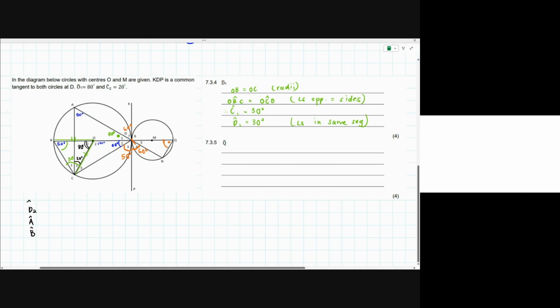I hope you got all of that. I suppose I should write all of that down here. Right, so D3 equals 50, tan chord. D7 equals 60, angles on a straight line.